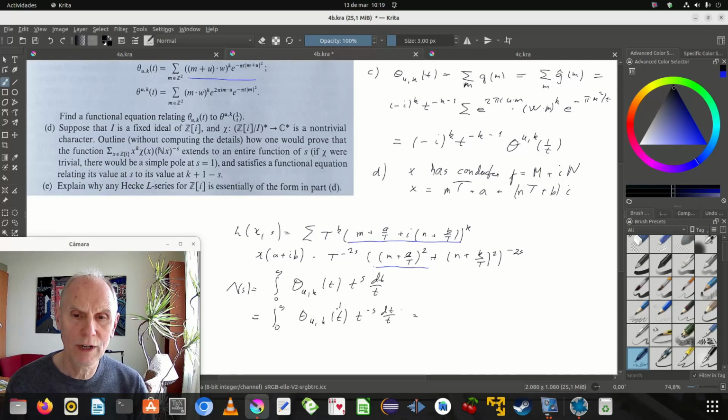Must be 1 divided by t, of course. But then if we use this, well, let's do it and see what happens. I don't see it helps us really.